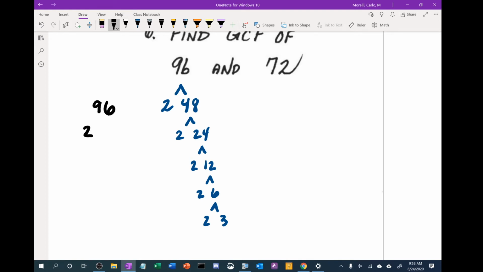We can do 2 times 48. Okay? We can do 2 times 2, which is 4, times 24. Okay? And all of these, if you multiply these together, you get 96. Now we can do 2 times 2 times 2. That's 8. Times 12.